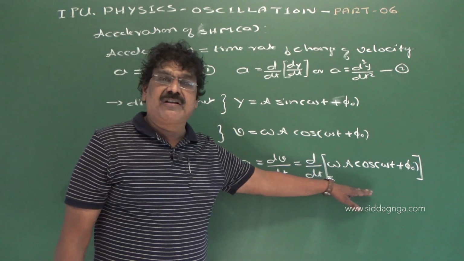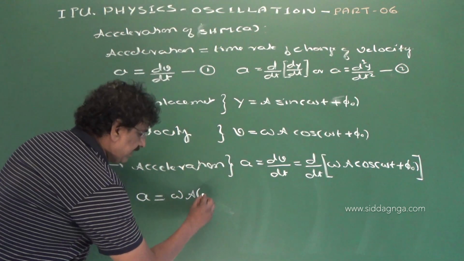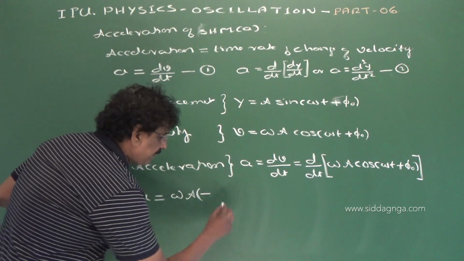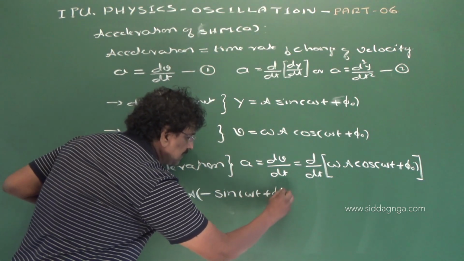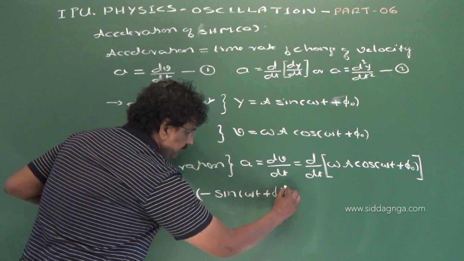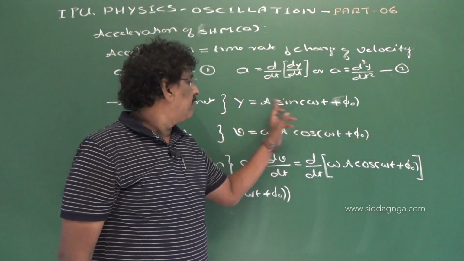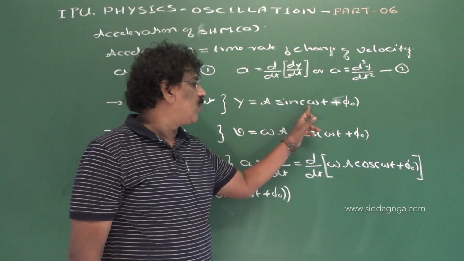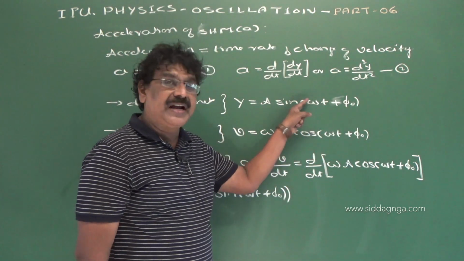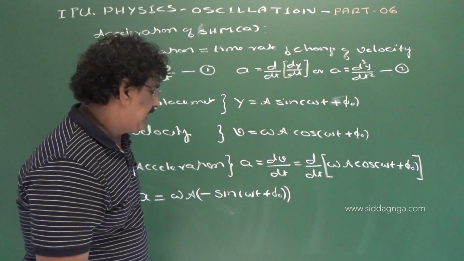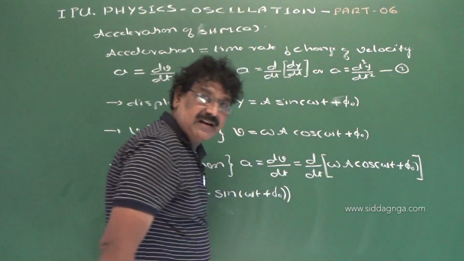The differentiation of cos theta is minus sin theta, therefore here we get minus sin(omega t plus phi naught). When we differentiate this term, we will obtain a cos(omega t plus phi naught), and then when we differentiate omega t, we get omega. Here a is a constant, and phi naught is constant.